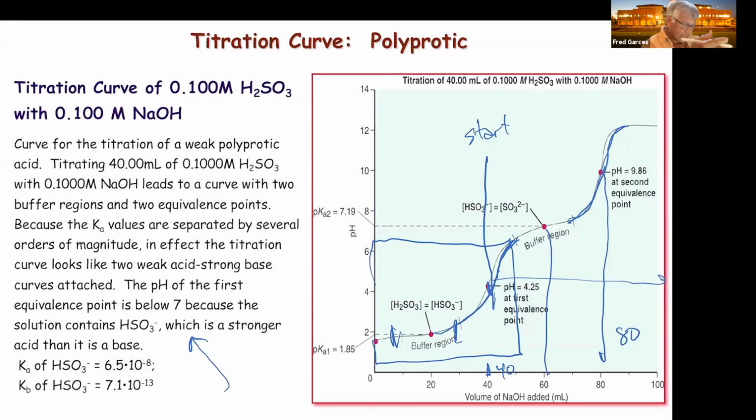And in that particular case, your HSO3 minus is equal to your SO3 2 minus. If you're starting at 40, at the equivalence point of your first hydrogen that comes off, and you reach the equivalence point at 80, then halfway in between there is 60, or 20 mL past 40. At that point, pH equals pKa.